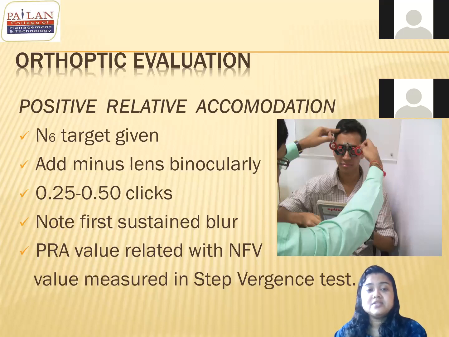For the PRA value, there is no fixed normal value, but if the refraction is normal, somewhere around minus 2.5 should be the PRA value. Is it clear to all of you?